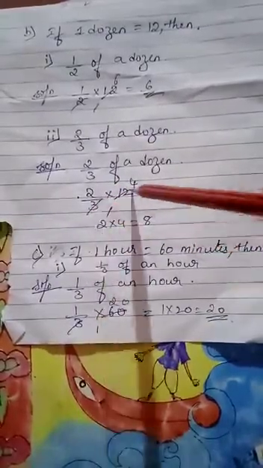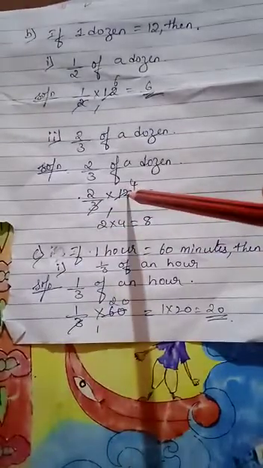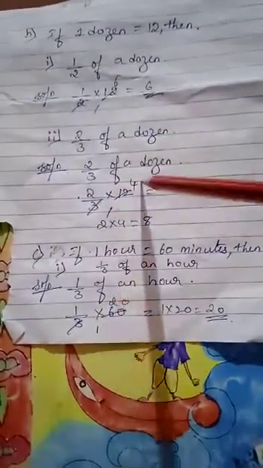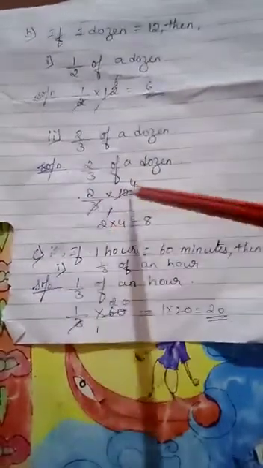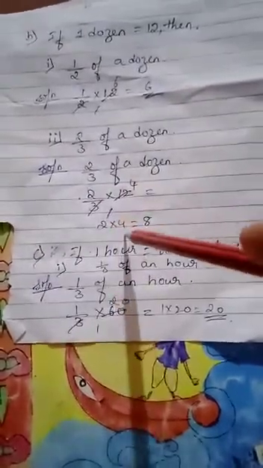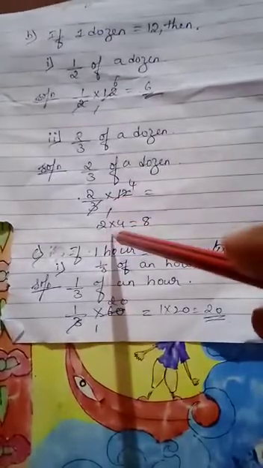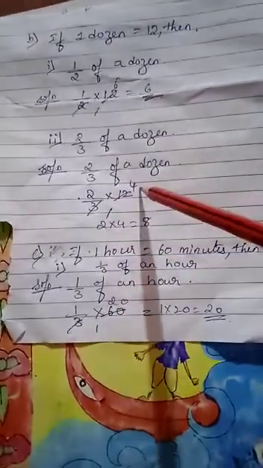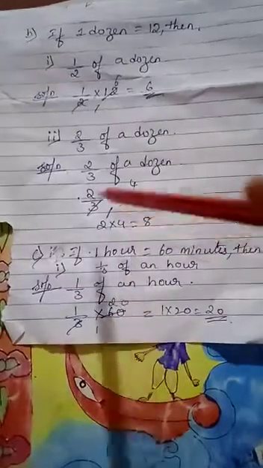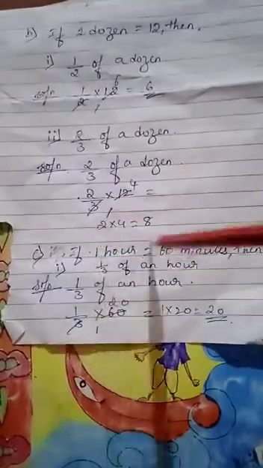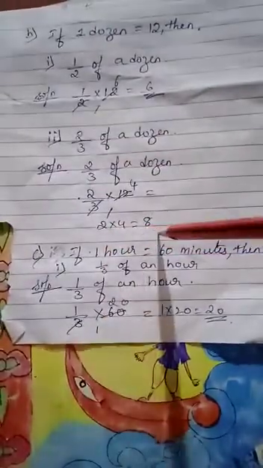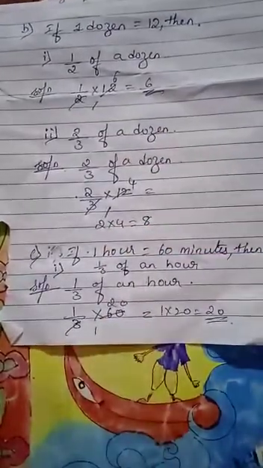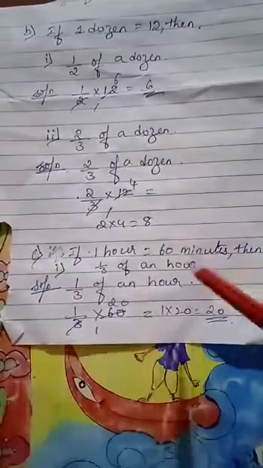That is 3 and 12. 3 and 12, which table do they go in? Yes, 3 ones are 3, 3 fours are 12. What do you have here? 2. The upper part, 2, into 4. Put the into sign here, and replace 12 with 4. Then down you have 1, which we don't require; if you don't write it, it is as it is. 2 fours are 8. That will be your answer.